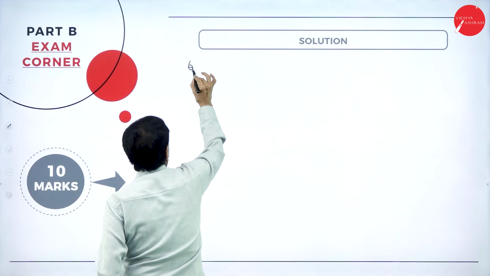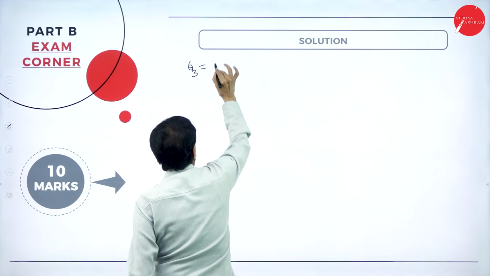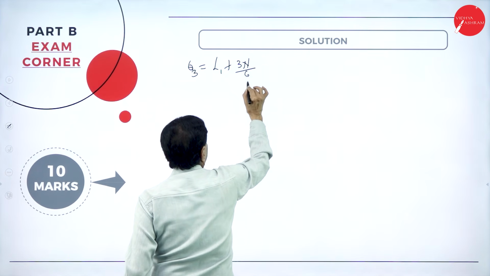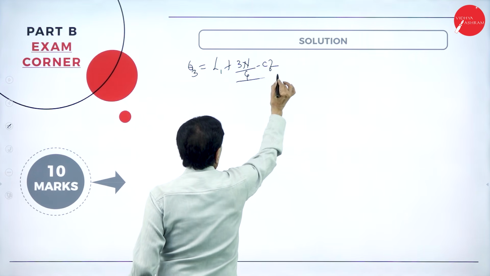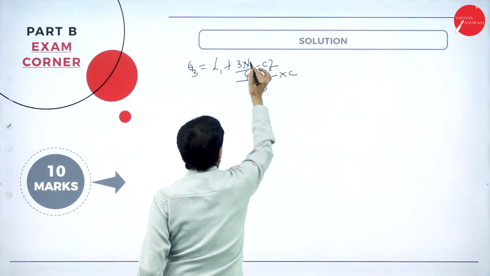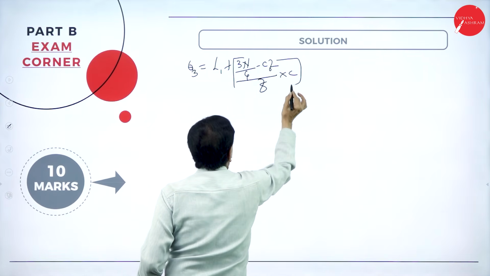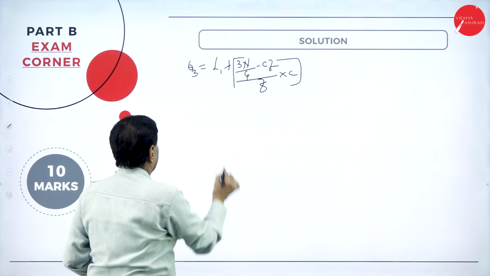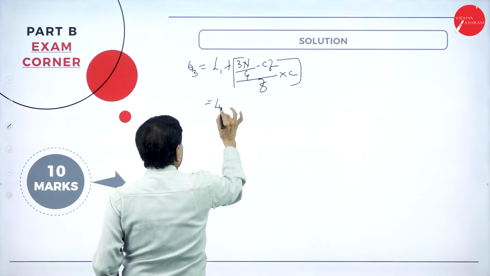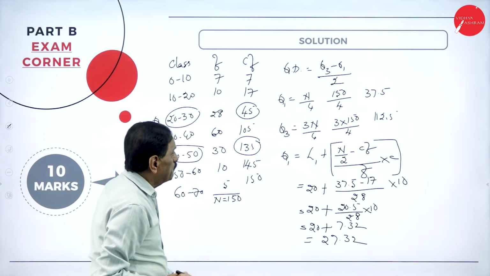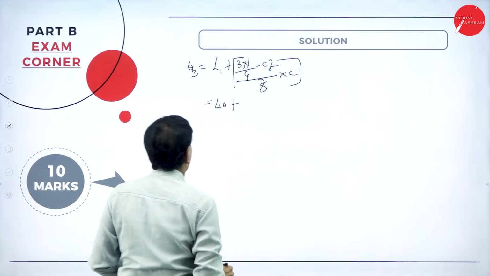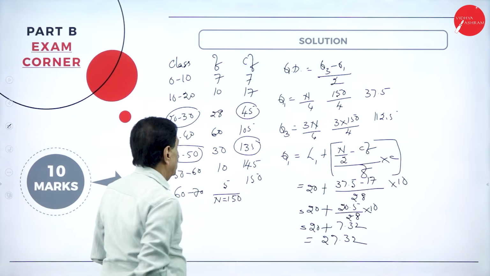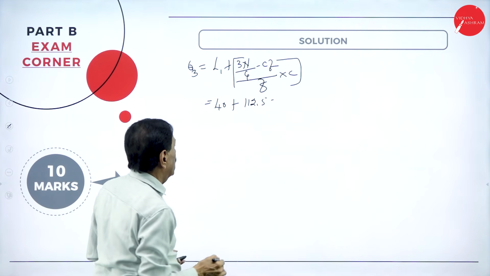Q3 is equal to L1 plus 3n by 4 minus CF over F into C. Which range you have selected? 40 to 50. L1 is 40. What is 3n by 4? 112.5. Minus CF, behind number 105.